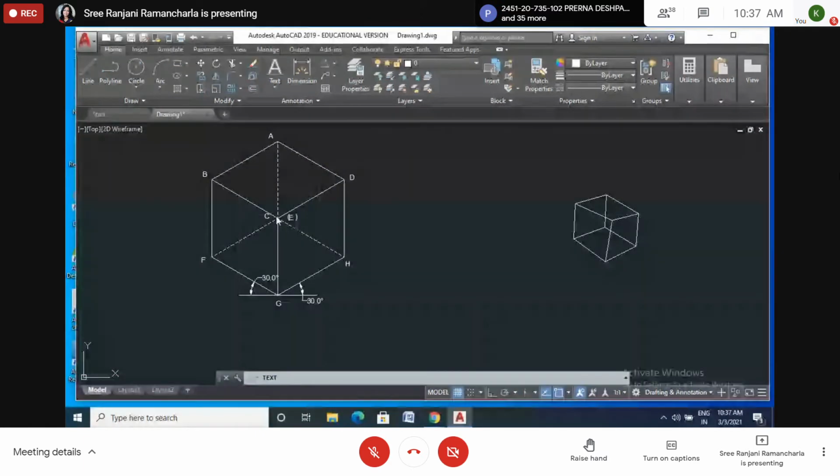It's clear now. Now, what is the face of this one? What type of shape is this one? Please respond, all of you. I'm asking about the face. Square?